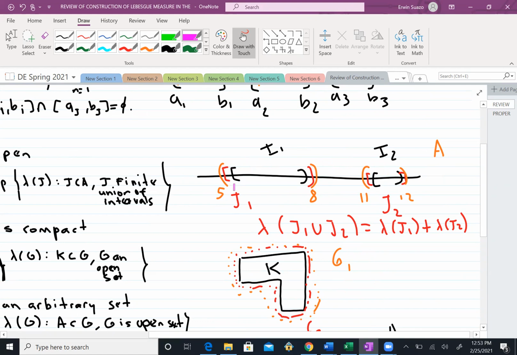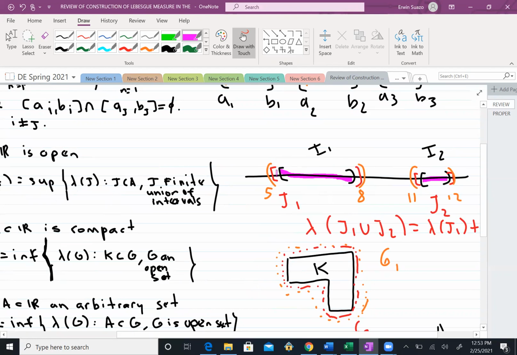So whatever it is, maybe it's like 5.5 and then 7.5. So you have to take the length from here to here plus the length from here to here, and that's the measure of the union of those closed intervals, right? But you have to take the sup. So you see, you can take a better approximation. So you take the red one.